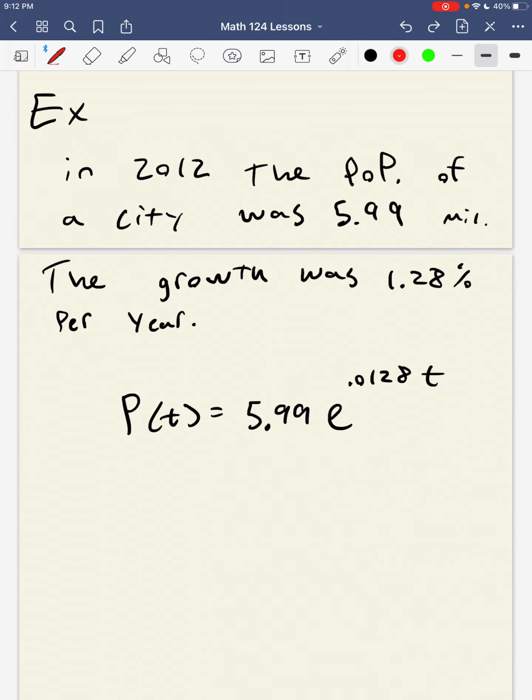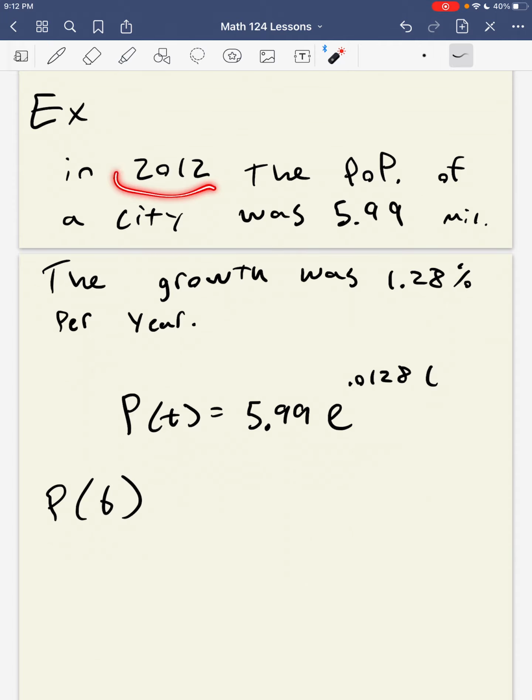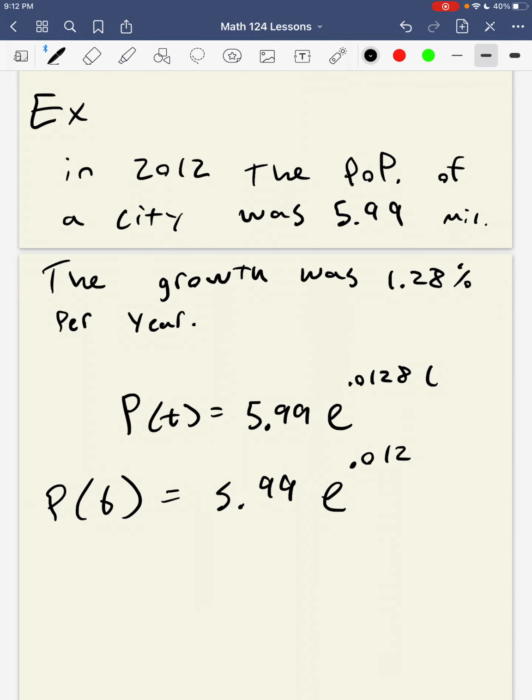Since this was in terms of years, we will just plug in a 6, and that will represent the year 2018, because 6 years plus 2012 would be 2018. So plugging in a 6, we get 5.99 e to the 0.0128 times 6. If you put that into a calculator, you'd get about 6.5. And remember, this is in terms of millions for this question.